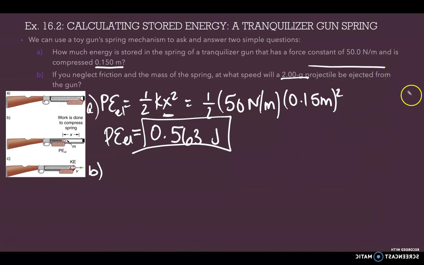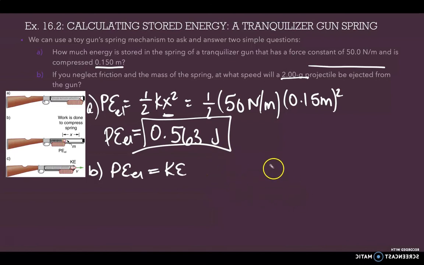So we have the tranquilizer gun and the spring gets compressed. There's some kind of work done. And then as that spring is released, that's what the kinetic energy is going to be out of the gun. Okay, so again, this potential energy is going to equal my kinetic energy as it's released.